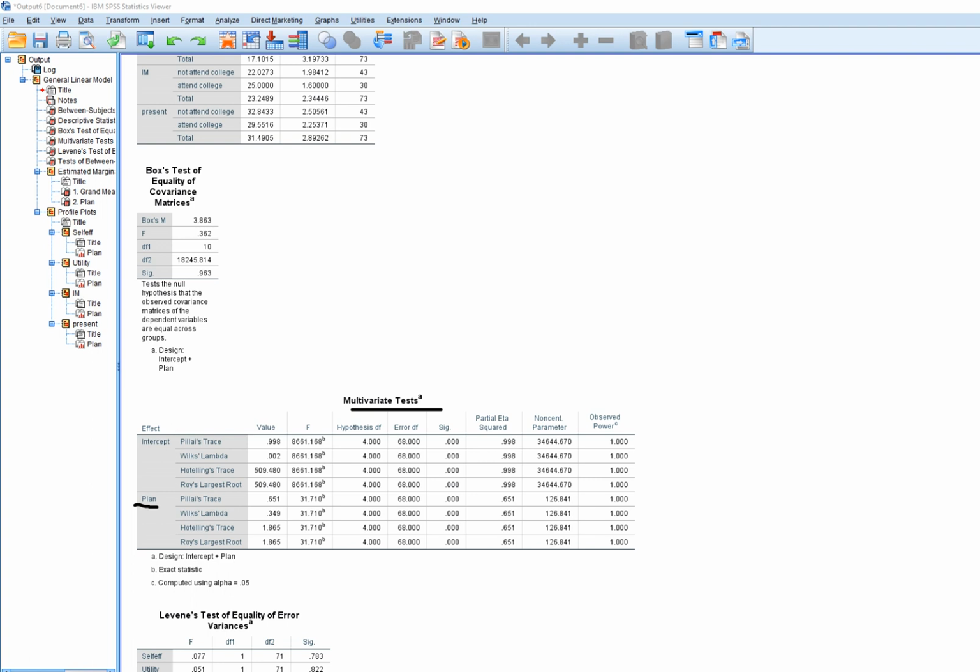And like I said, this is basically looking at a relationship between our independent variable, which is plan, and a set of dependent variables, which would be the self-efficacy variable, the utility variable, perceived utility, the intrinsic motivation variable, and the present orientation variable. So what we're doing is we're looking to see if, essentially, there are group differences across the set of our dependent variables.